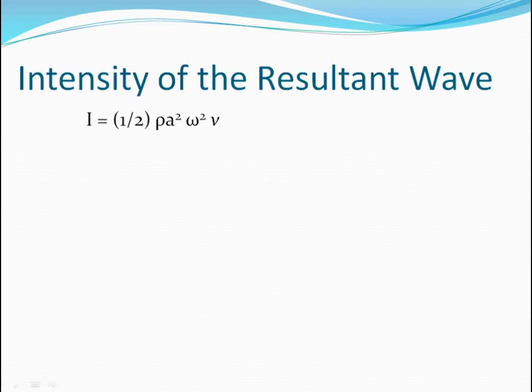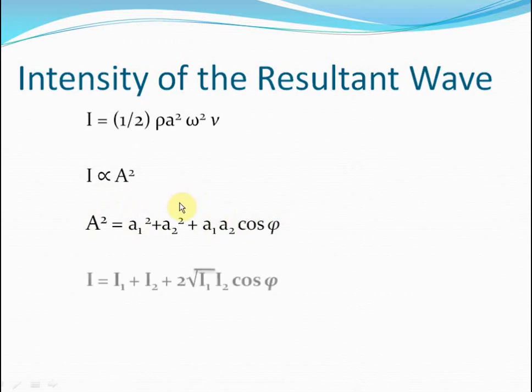This clearly shows us that intensity is proportional to the square of the amplitude. Since we already know that the amplitude square for the resultant wave is equal to A1 square plus A2 square plus 2 A1 A2 cos phi, we can clearly rewrite each of the terms in terms of intensity to get the final intensity equal to I1 plus I2 plus 2 root I1 I2 cos phi.